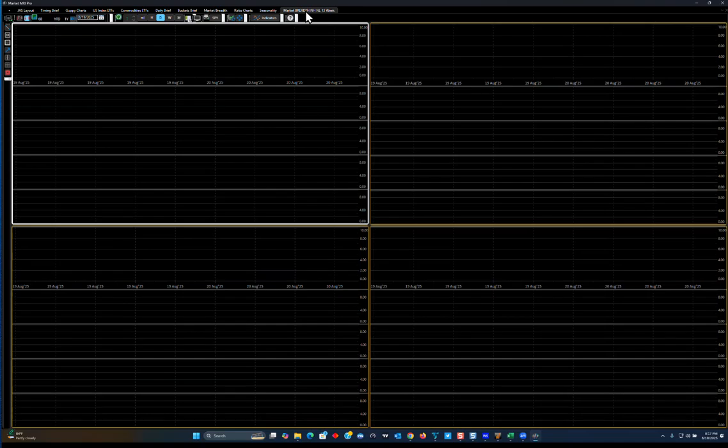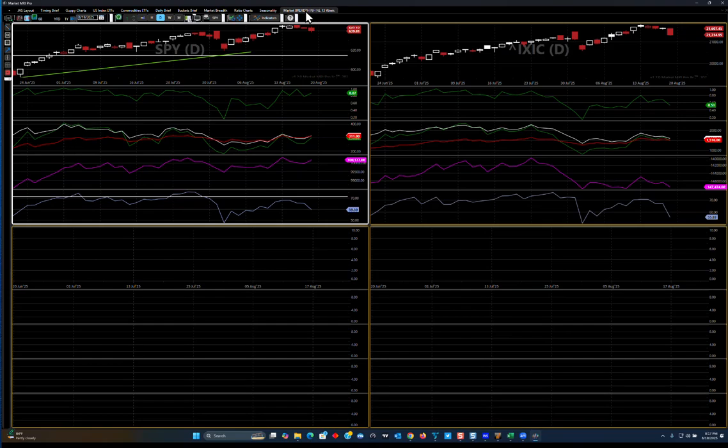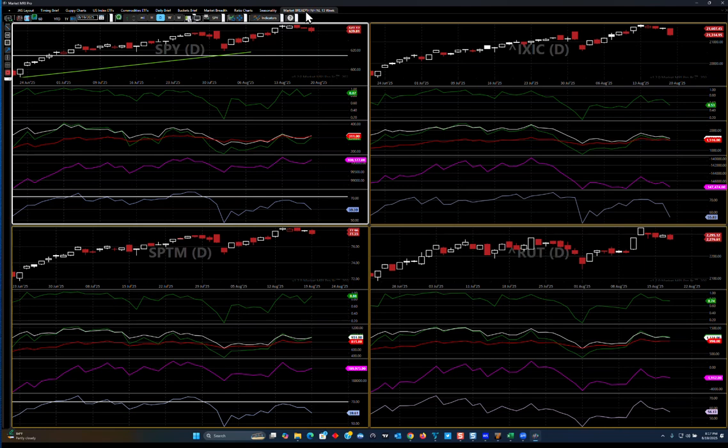So is it updated throughout the day? I don't believe that the market breadth signals are updated throughout the day. And Praveen, if I'm wrong, let me know because I've looked during the day, but I don't think we're updating the market breadth until after hours.